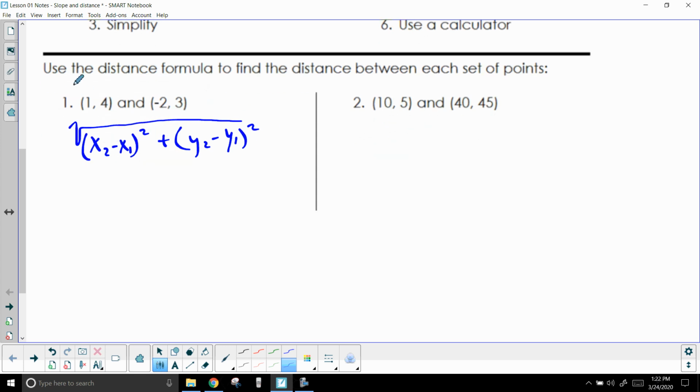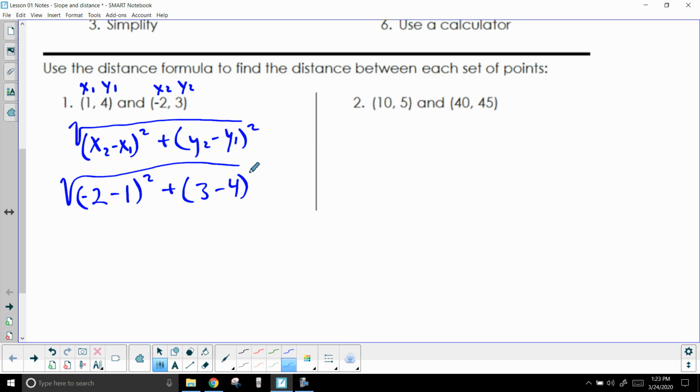Remember, this is x1, y1, x2, y2. So make your substitution. So x2 is negative 2 minus x1, which is 1, squared, plus y2, which is 3, minus 4 squared. Okay, simplify this.